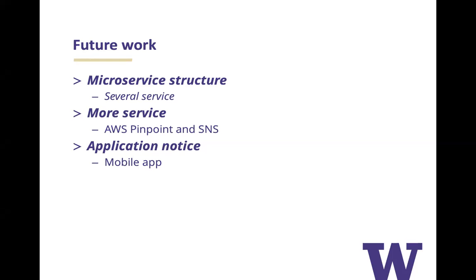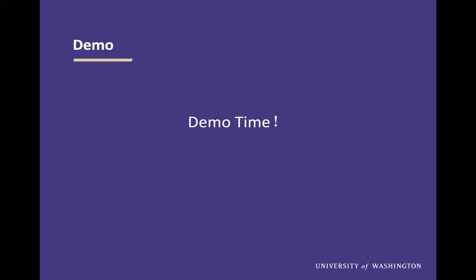This can be used to send messages to the subscription, such as email, SMS, SQS, and Lambda function. And for notification, we may create a mobile app, and the user can receive the message from the mobile app. Now, let's show you the demo.